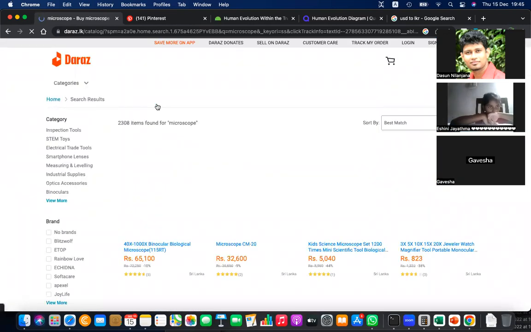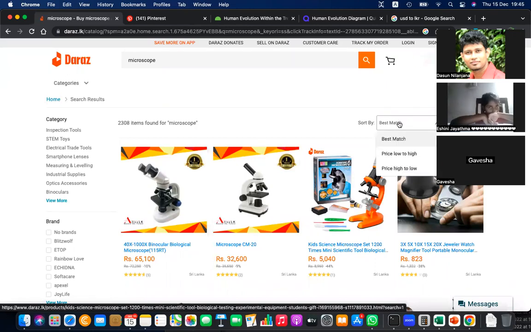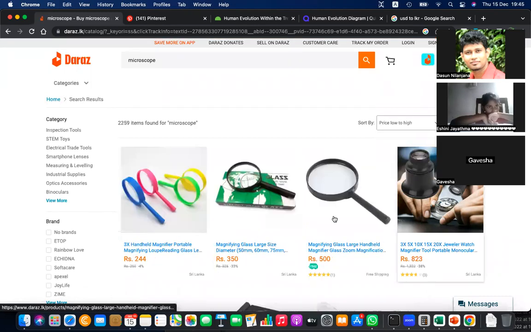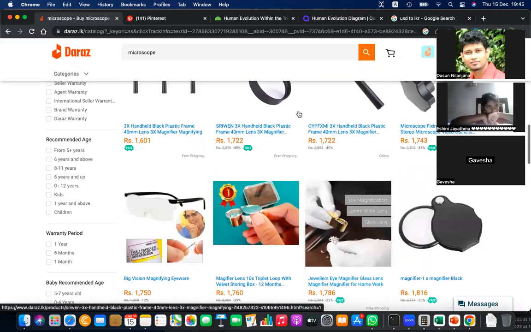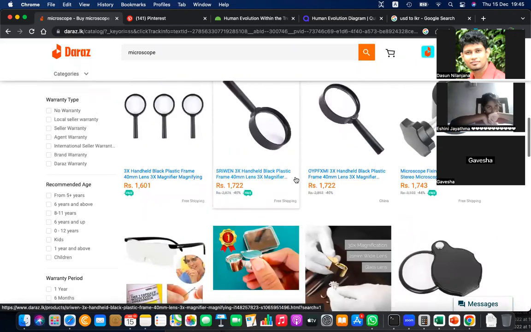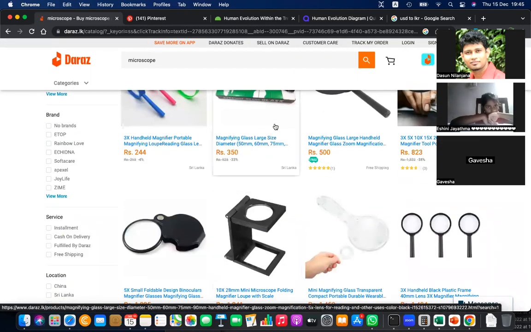Do not buy the expensive ones, but you can go for this toy kind of thing. Still, it is possible to look at microorganisms. A hand lens can zoom, and a hand lens is also important. If you can buy one, that is also better. You need a hand lens too.